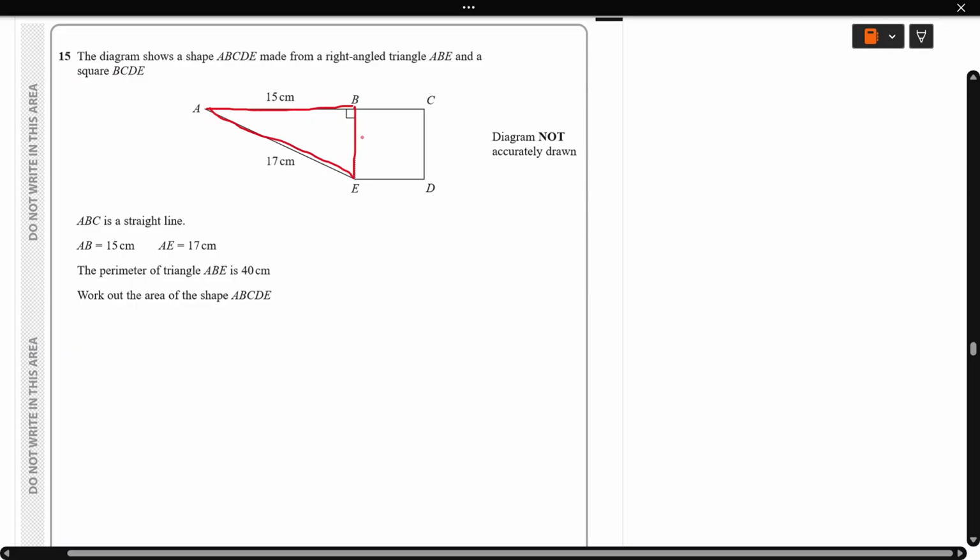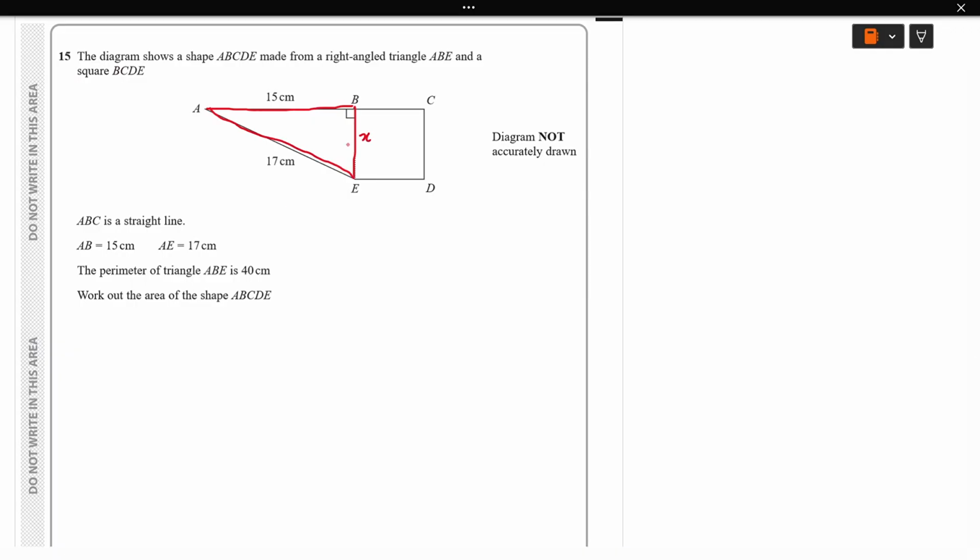I'll take this side as x. So 15 plus 17 plus x equals 40. 15 plus 17 is 32, so 32 plus x equals 40. Then x equals 40 minus 32, so x equals 8. So this side is going to be 8.